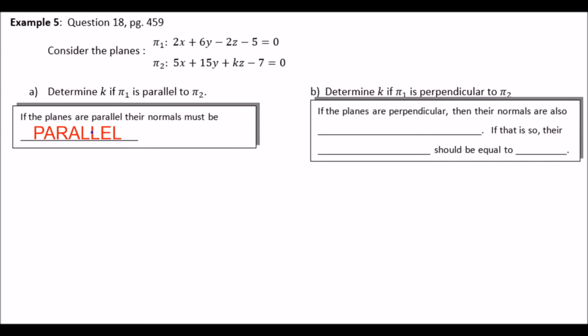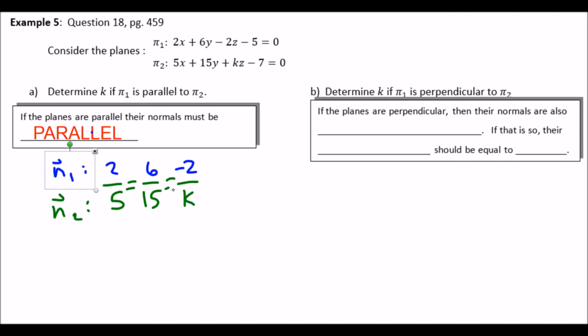I'm going to write normal 1 as 2, 6, and negative 2, and then normal 2 is 5, 15, and K. I'm going to write them again as ratios, like so. I want to solve for K here.